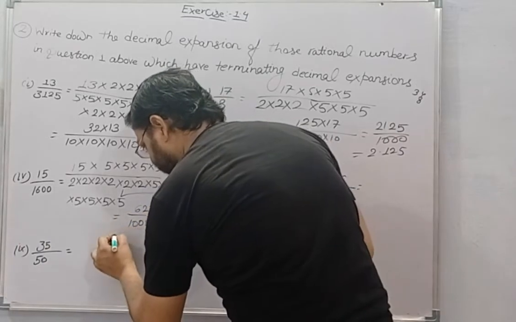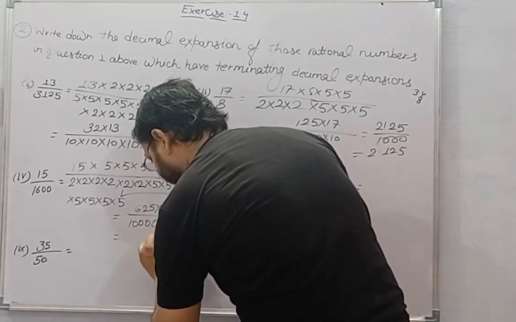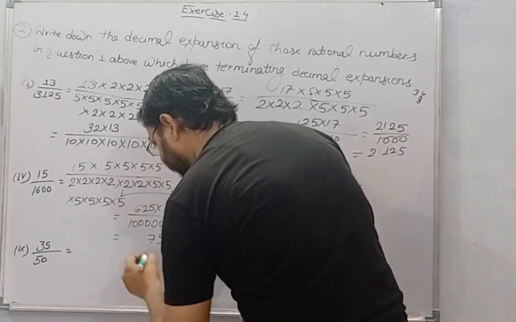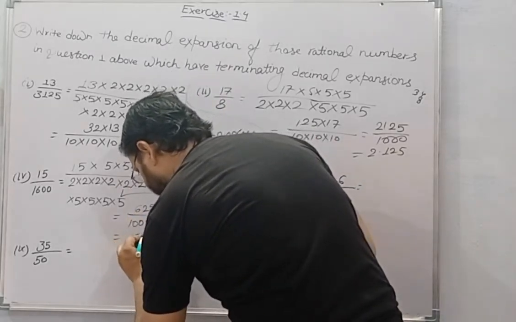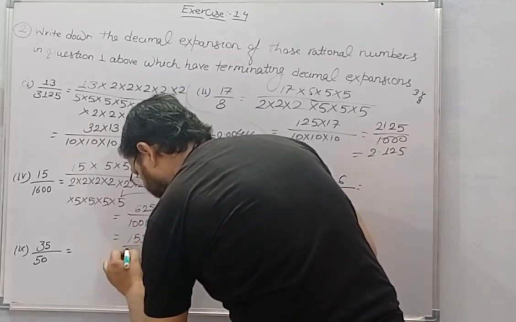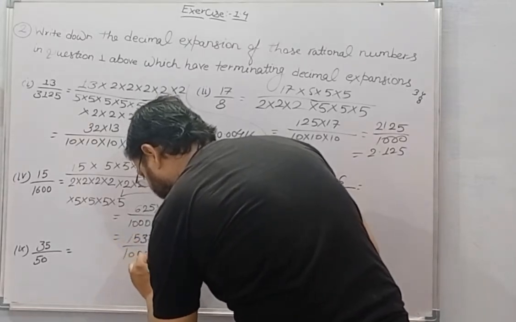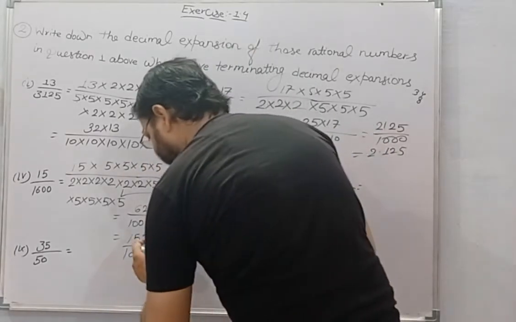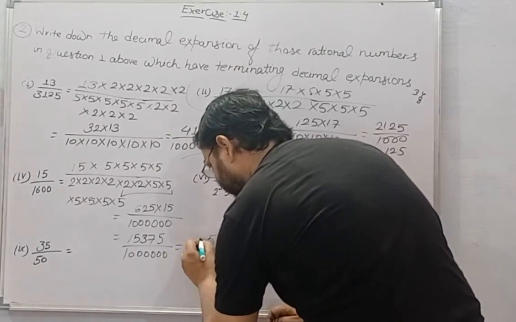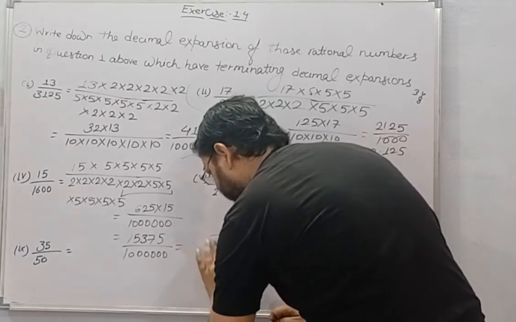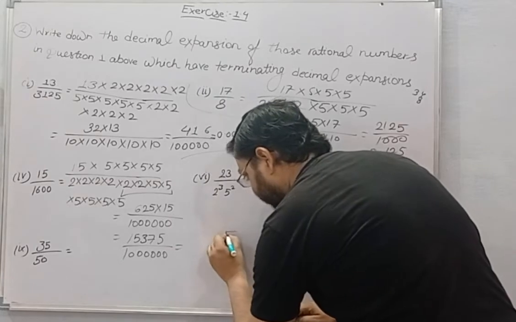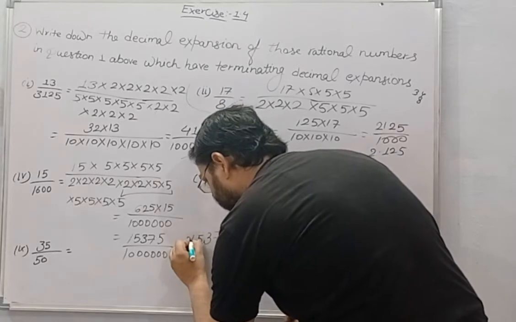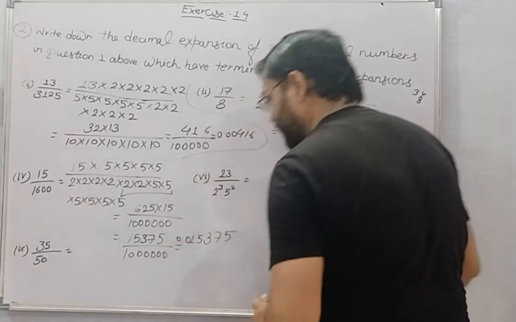Now you multiply: 15 times 5 is 75, and so on, giving 9375, and put the decimal after 6 digits.